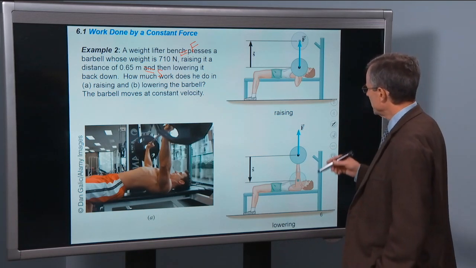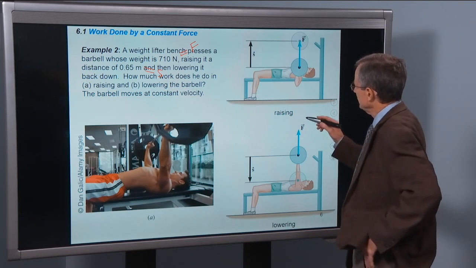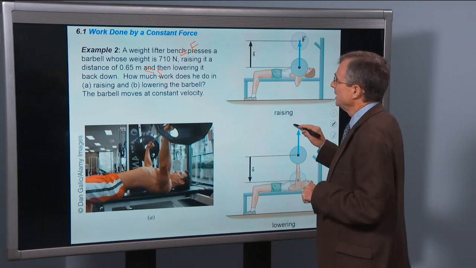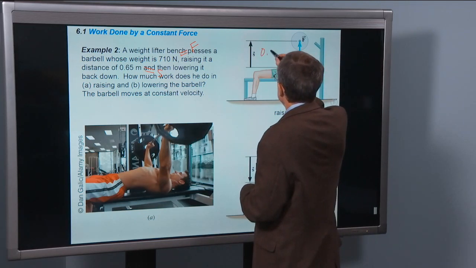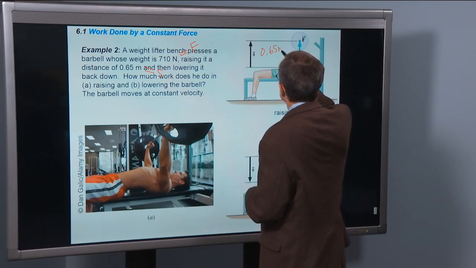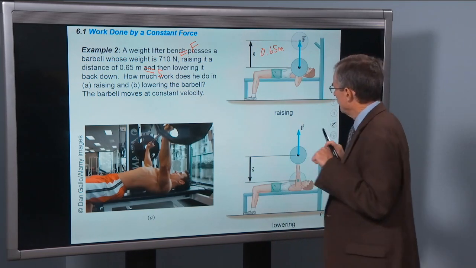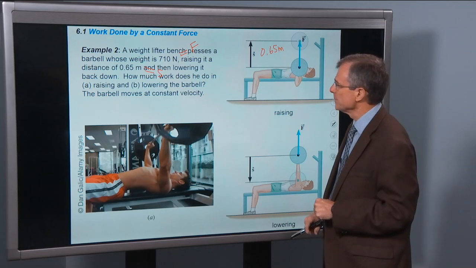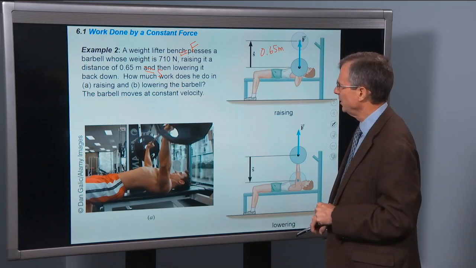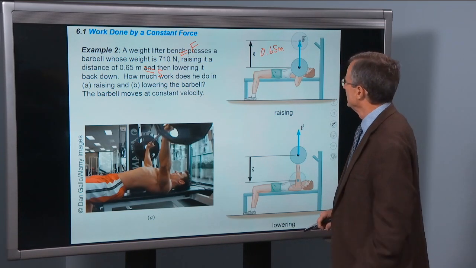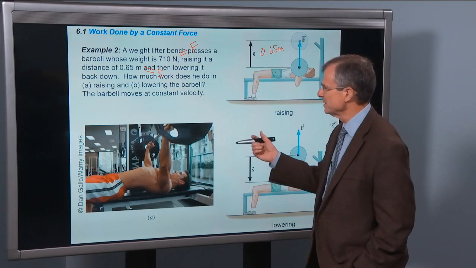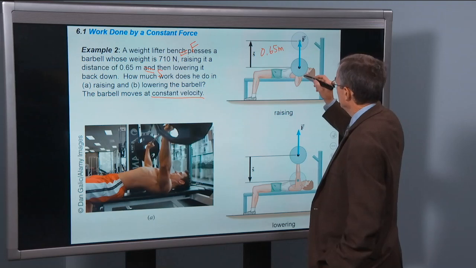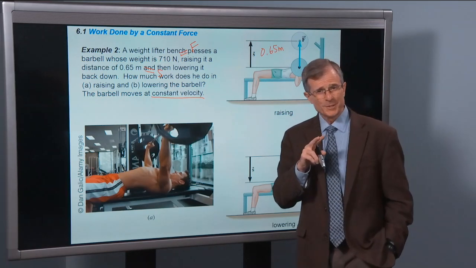So let's look at raising first. He's starting down with the barbell here against his chest. It goes up by 0.65 meters. The force he's exerting on that barbell is 710 newtons. So the reason why this constant velocity is pertinent here is that there's two forces on the barbell.